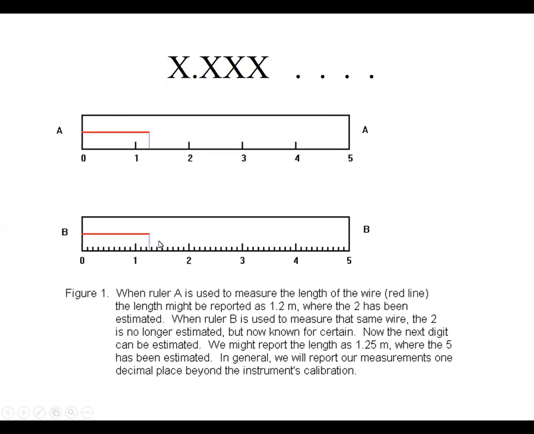So there might be some difference of opinion in what that estimated digit is. So you, again, report all the digits that you know for certain, plus 1 that has been estimated. And that's what significant digits or significant figures consist of. So all the certain digits plus 1 uncertain digit, one that you had to estimate.